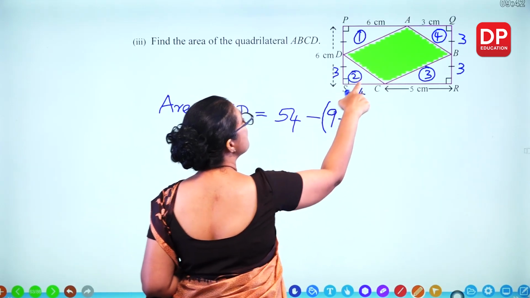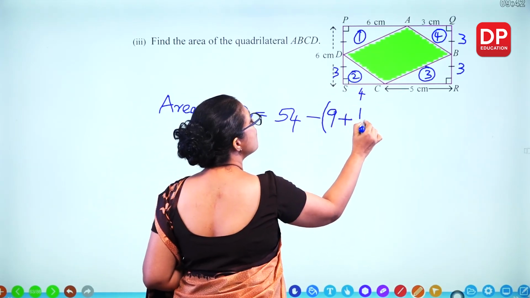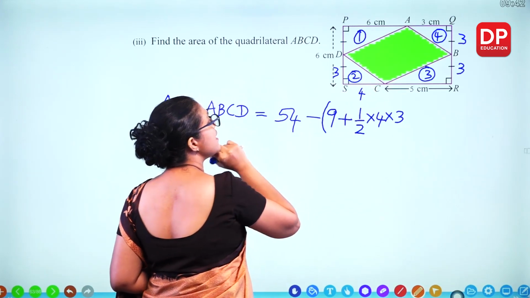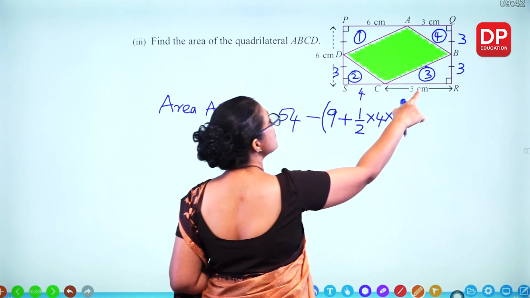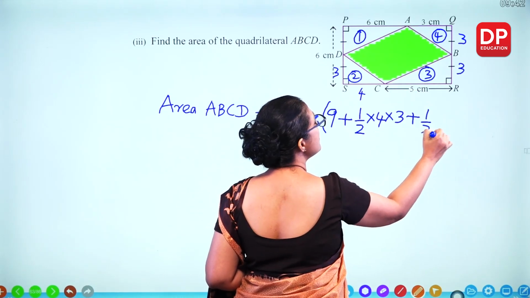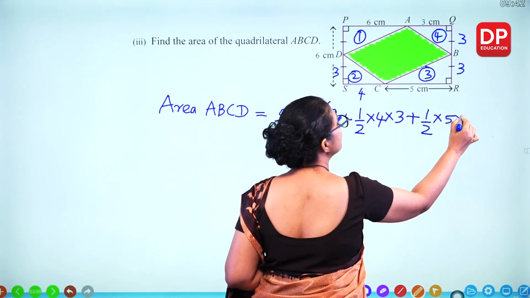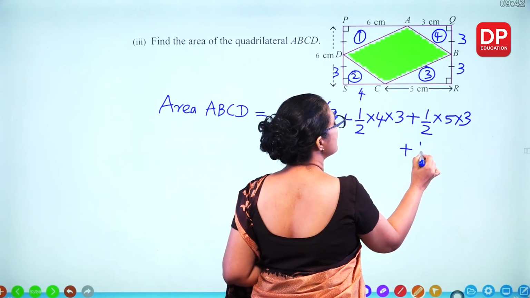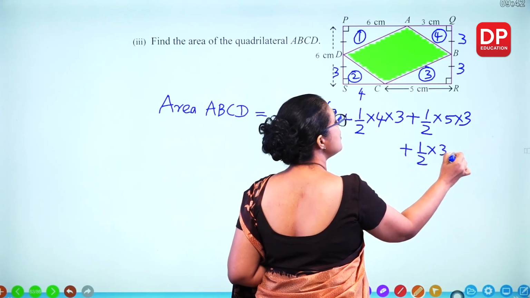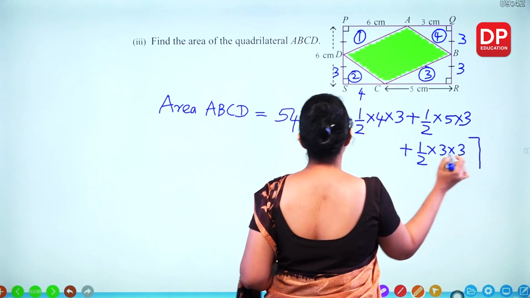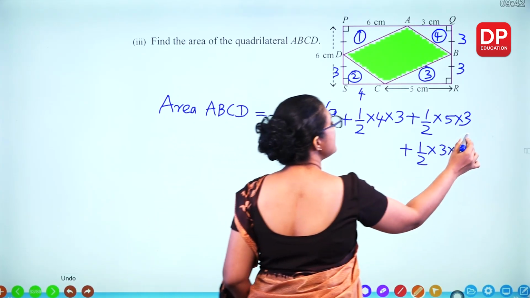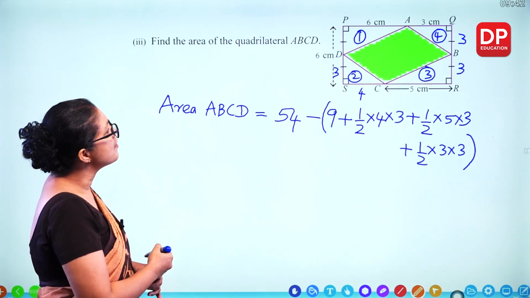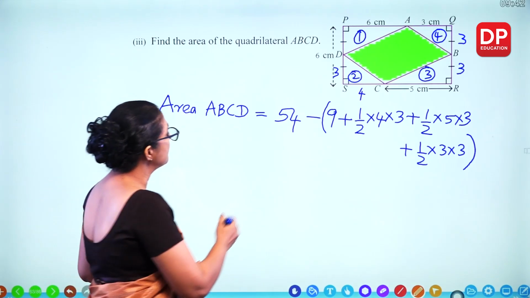Second one, half into 4 into 3, because this base length is 4. Then the third one, half into 5 into 3. Base length is 5. And the fourth one, half into 3 into 3. So when you subtract all these areas of triangles, you get the area of the quadrilateral ABCD.